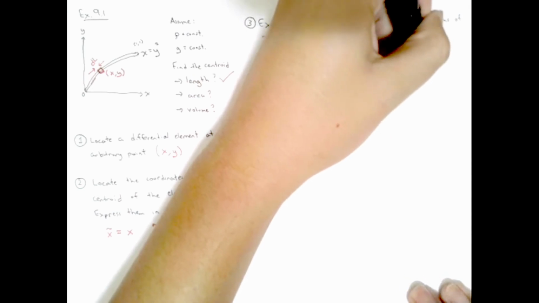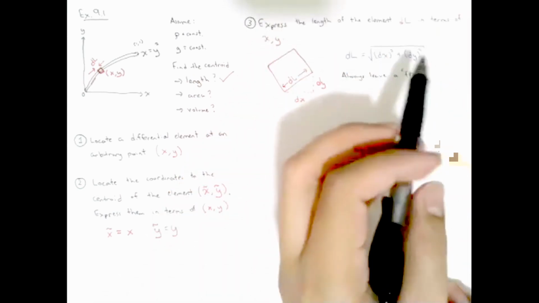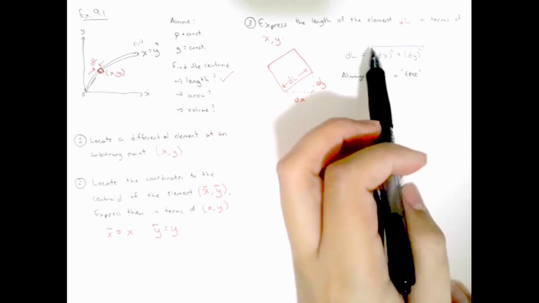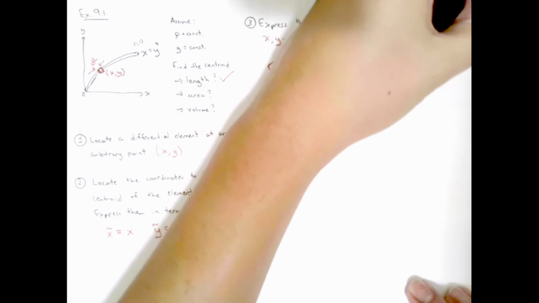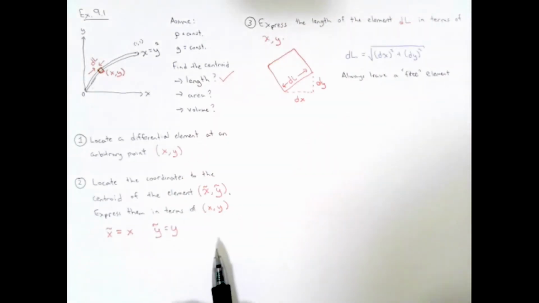When I say free, I mean an element that is not elevated to a power. In this case, it cannot be an element inside a square root. So always leave a free element in your expression.